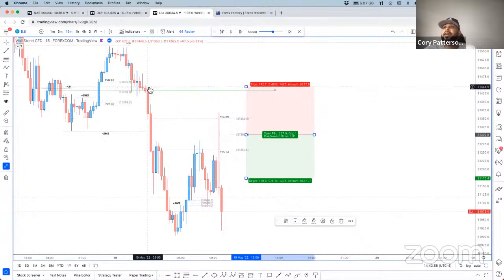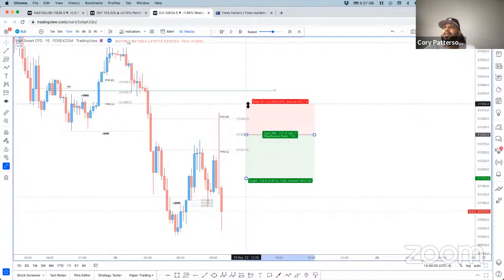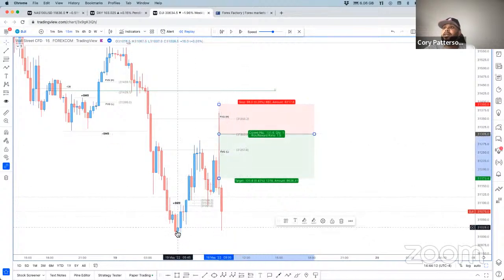So we'll use the candle that made our high as the stop loss, or we can use the engulfing candle high. So far, we would have been okay with using this high as our stop loss. We would have gotten this trade and we would have been looking to target this low right here.